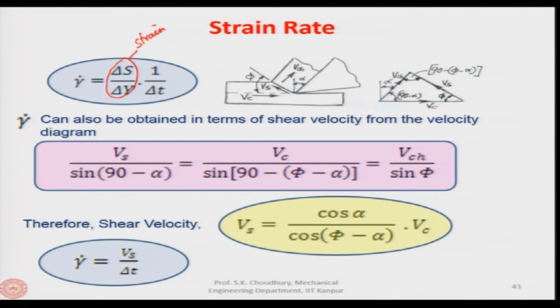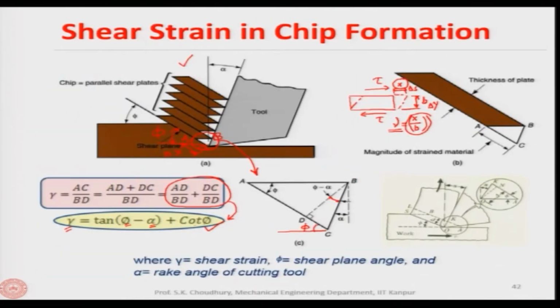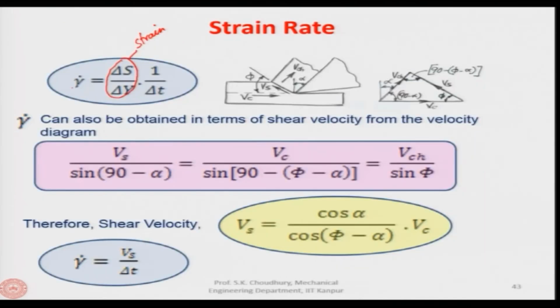And this is happening at the delta t time, meaning that this movement of delta S or x, these are equivalent, this is happening at a time delta t, all right. So, therefore, the strain rate will be strain into 1 by delta t.